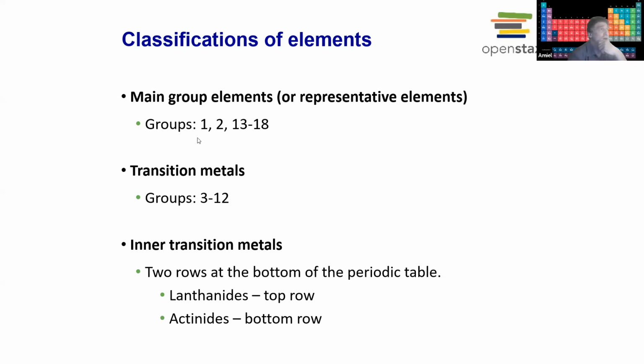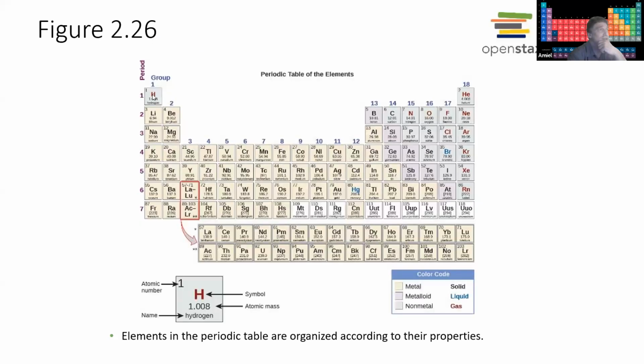So the main group elements are groups 1 and 2 and 13 through 18. 1 and 2, we skip over 3 through 12. These are called the transition metals. And 13 through 18 are also main group elements with very consistent laws and rules that predict their behavior.